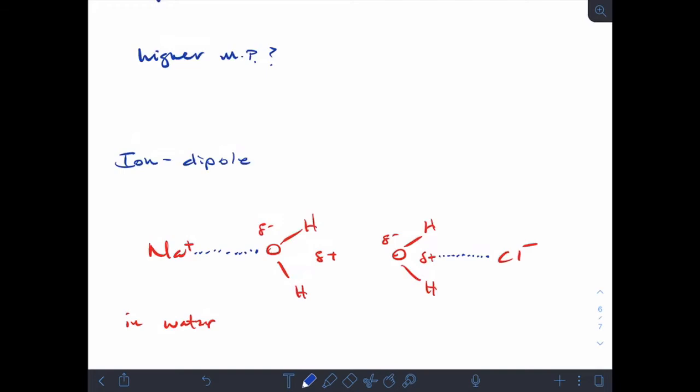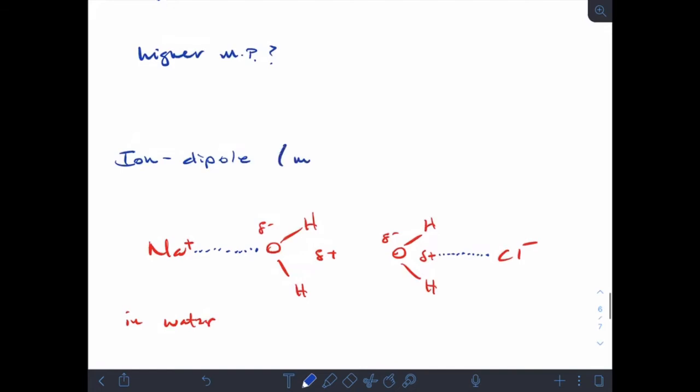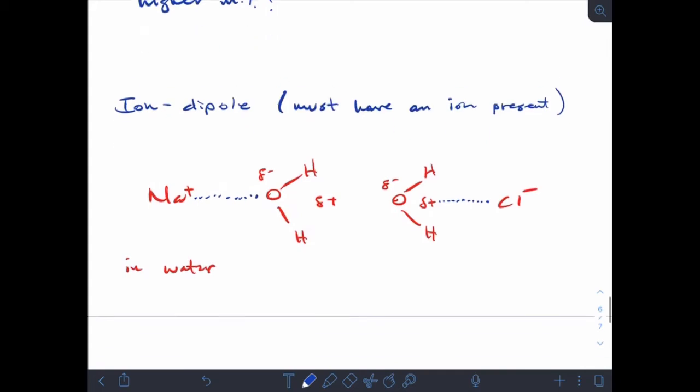But in order to have ion-dipole interactions, you must have an ion present. Usually that's going to take the shape of situations where you have some sort of ionic salt in water. So you have to have an ion in order to have ion-dipole interactions.